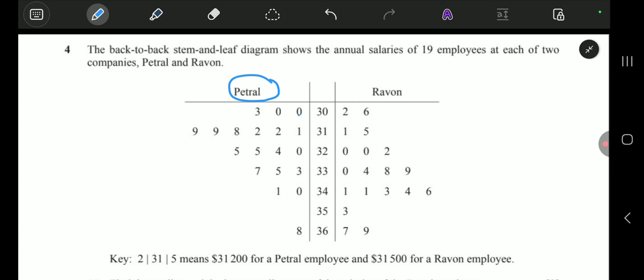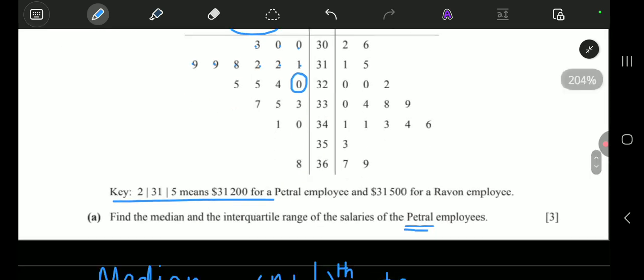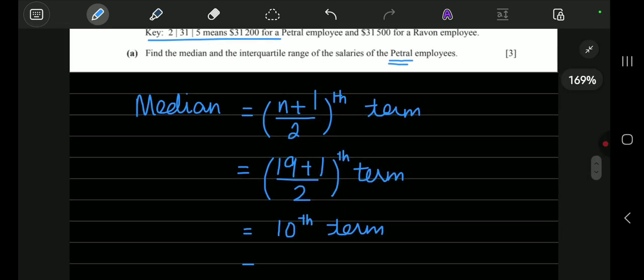So this is 1 2 3 4 5 6 7 8 9, and this is your 10th term. So what is the key? 2|31 means 31,200. So 0|32 means $32,000. Okay, so this is your 10th term.